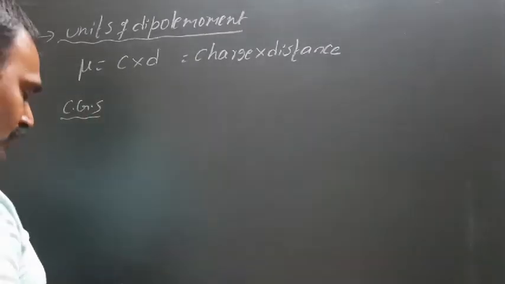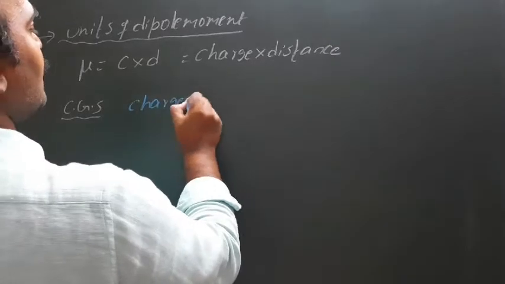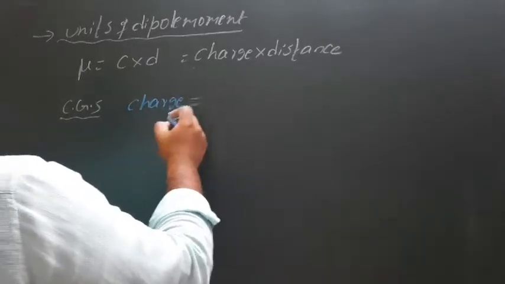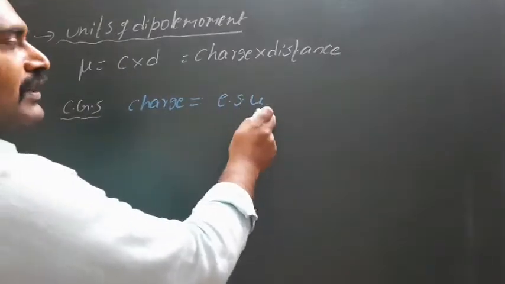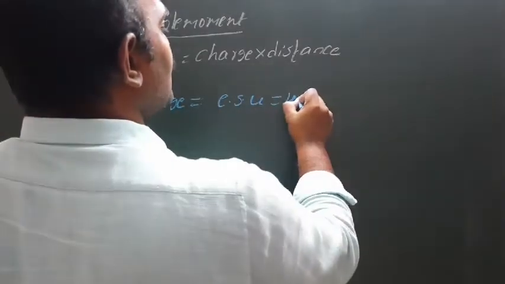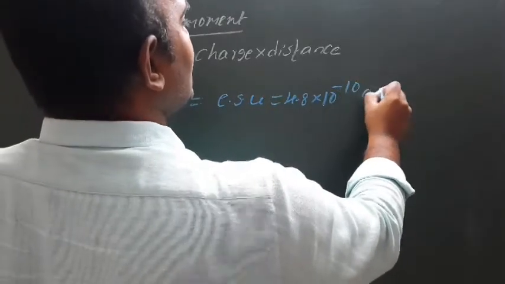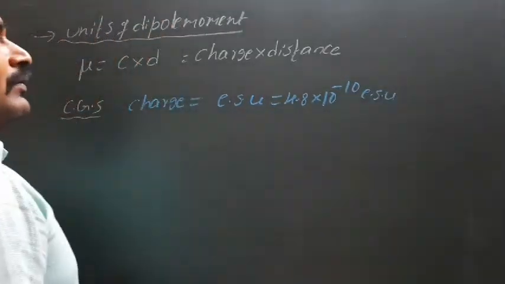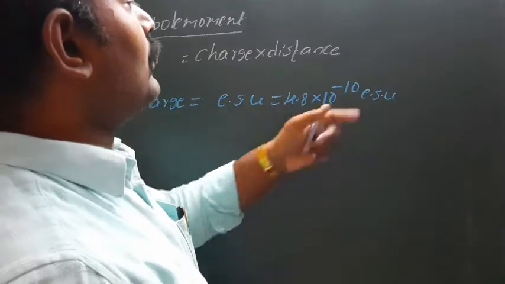What is the unit of charge in the CGS unit? The unit of charge in the CGS unit is ESU, electrostatic unit. Its value is approximately 4.8 into 10 power minus 10 ESU. That means one electron charge is 4.8 into 10 power minus 10 ESU.